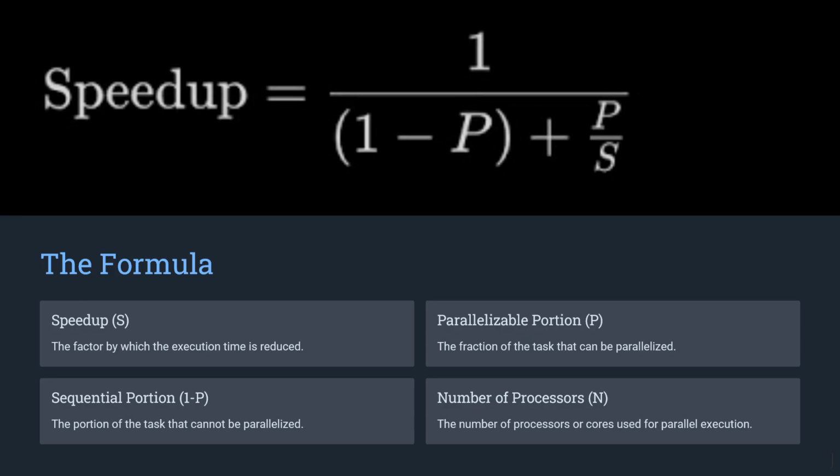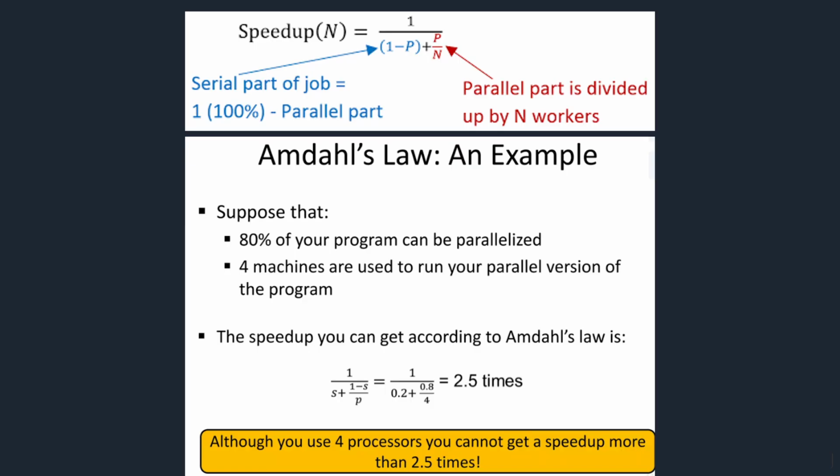So we can go now into the formula, as I said. Speedup is given in terms of the number of processors n, where p means the parallel fraction, and the sequential fraction is 1 minus p. In the example, suppose that 80% of your program can be parallelized and 4 machines are used to run the parallel version.